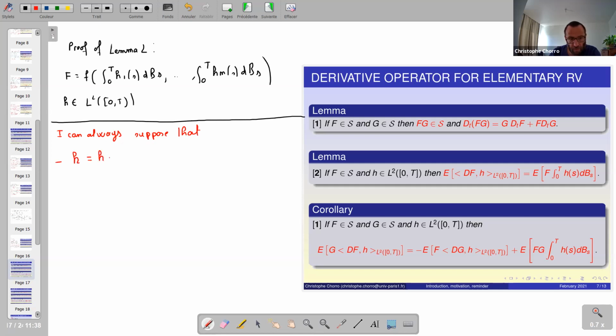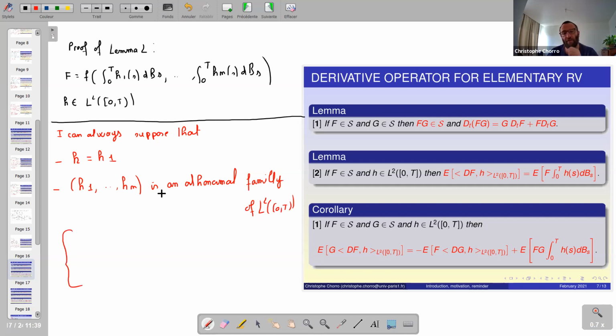is equal to H1 and that H1, ..., Hn is an orthonormal family of L2 of 0 capital T. And what is the meaning of being an orthonormal family?